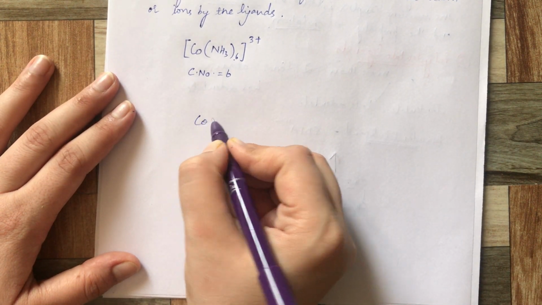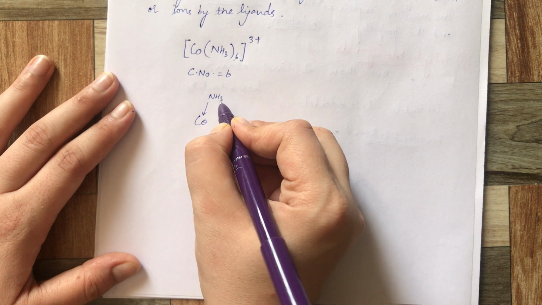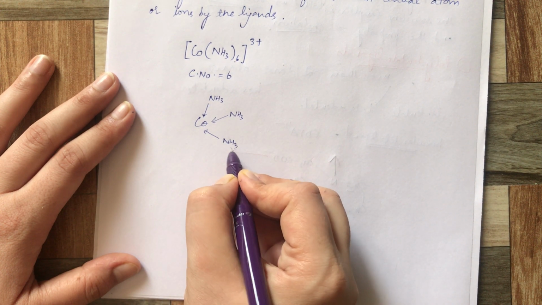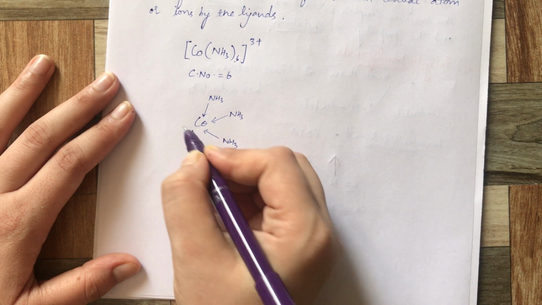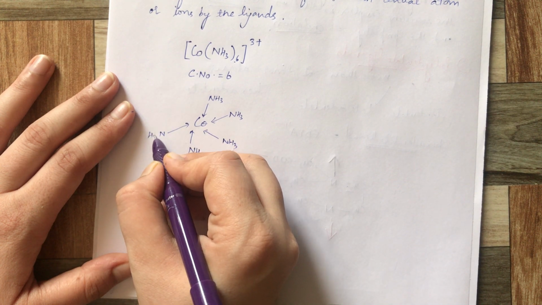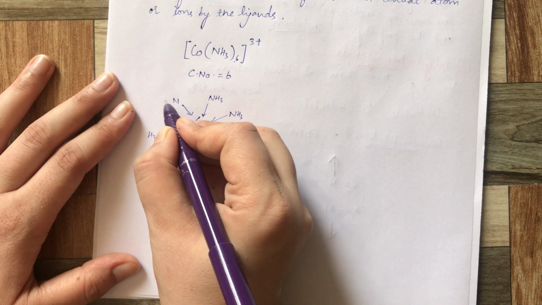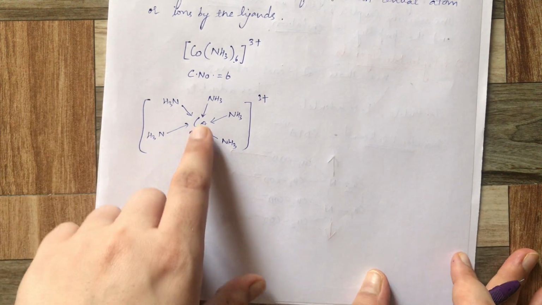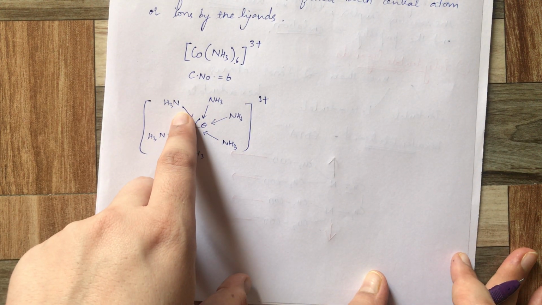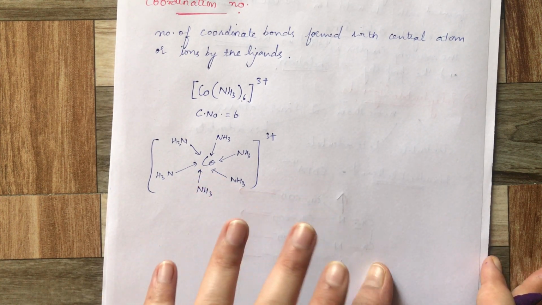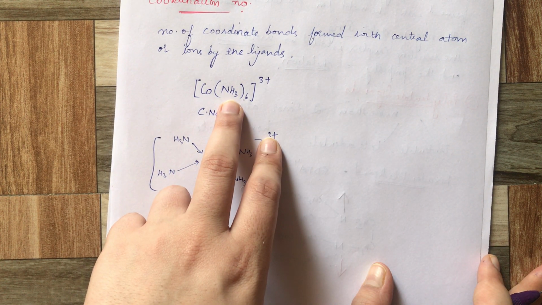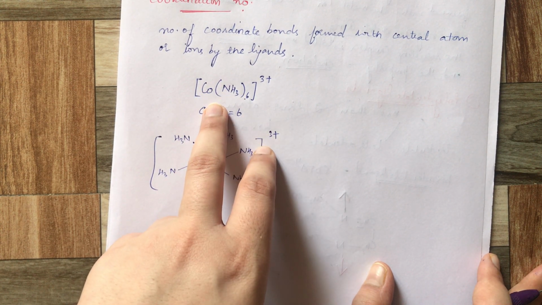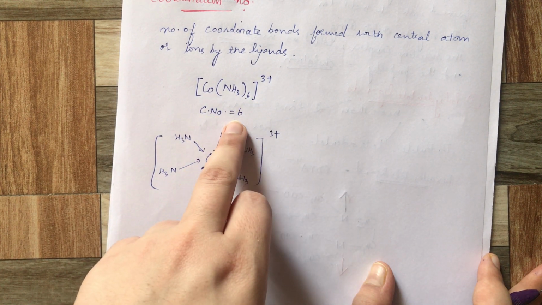This cobalt is surrounded by 6 NH3 molecules, so a total of 6 coordinate bonds are formed. When there is a case of unidentate ligands, listen very carefully, the number of unidentate ligands attached to the metal atom or ion corresponds to the coordination number.